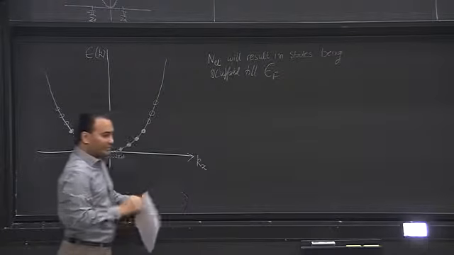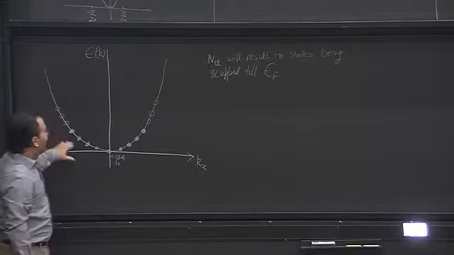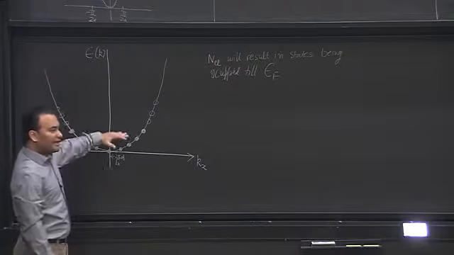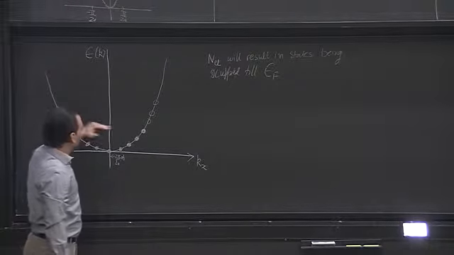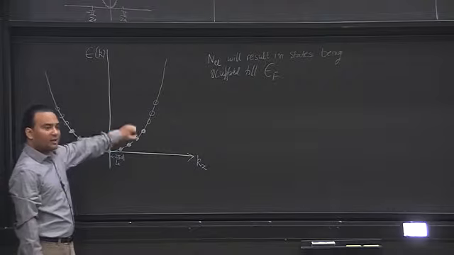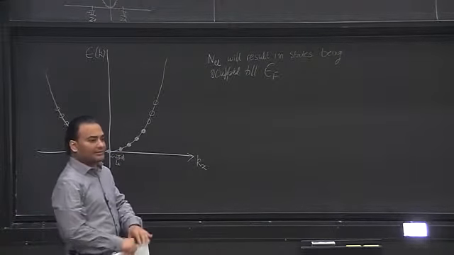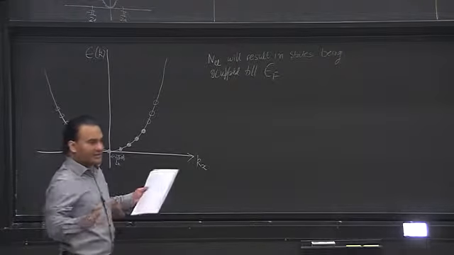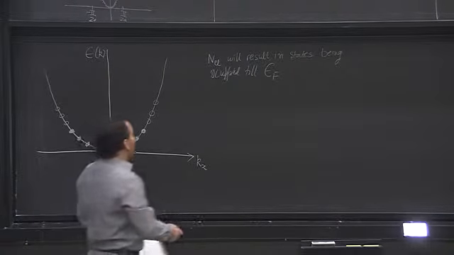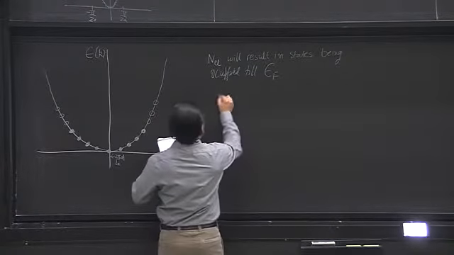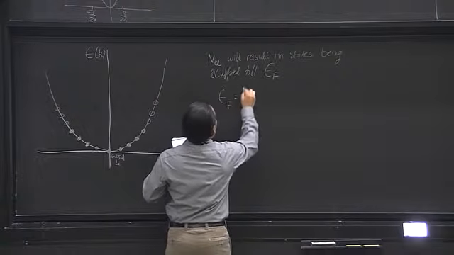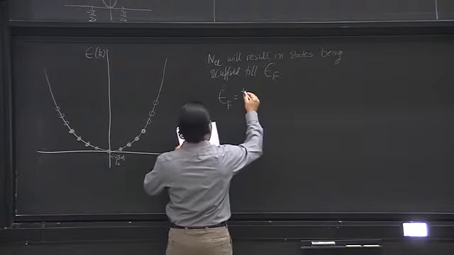So this is the definition. You start filling up states, and the last state that you put in, the energy of that state is the Fermi energy. That's just the definition. Corresponding to this Fermi energy, you can find a Fermi momentum.